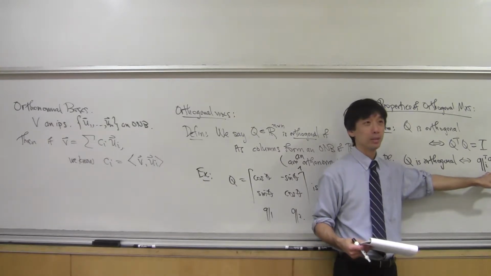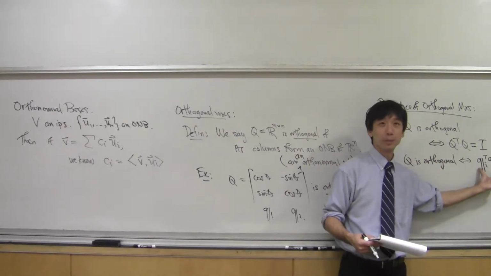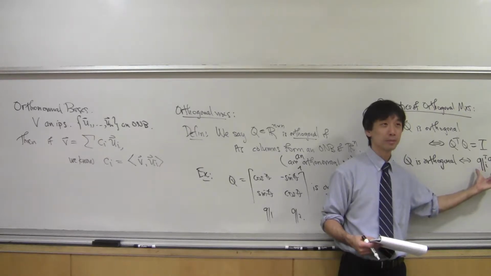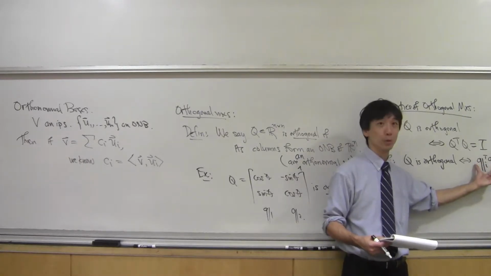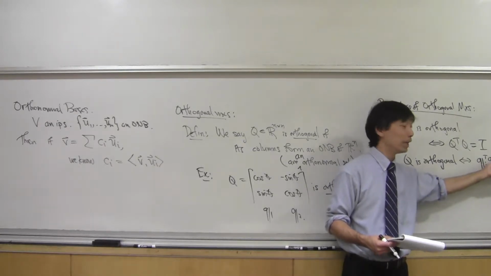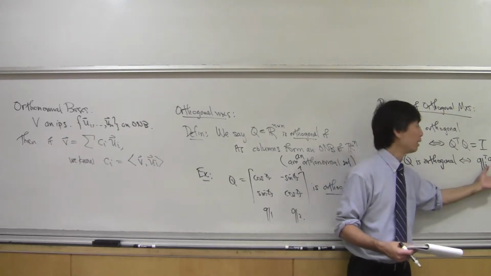That's what orthogonal means, that the columns form an orthonormal set. In other words, when you take the dot product of any two columns, you get 1 if it's the same column, or 0 if they're different columns.